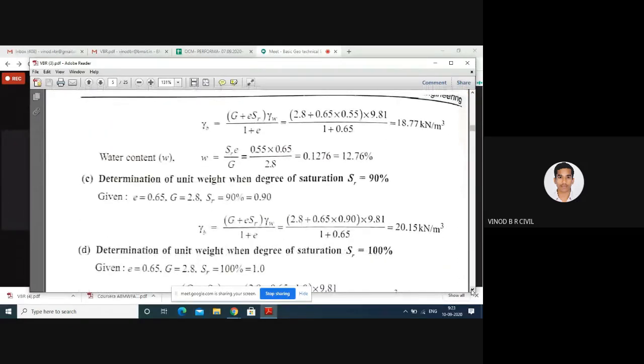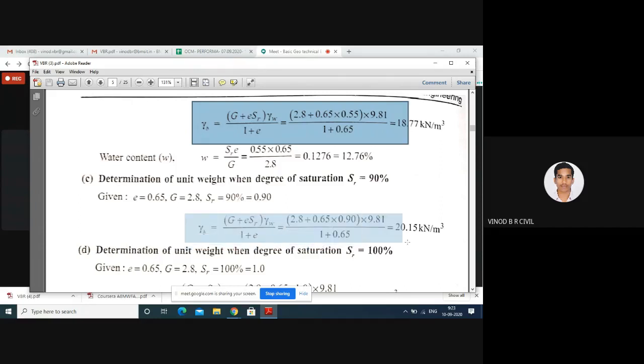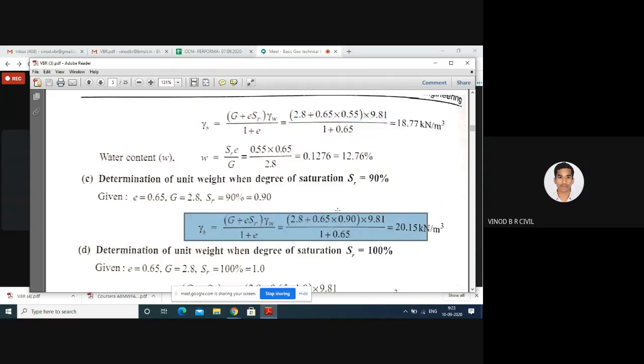Next one is degree of saturation 90%. The only thing we are changing in this mathematical expression is that instead of 0.55, we use 0.90.